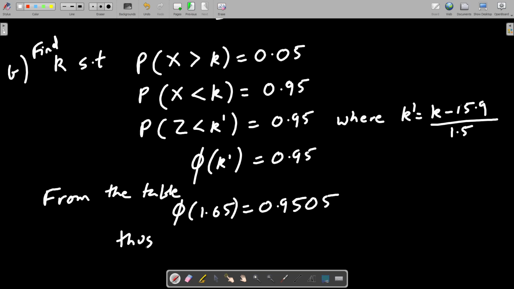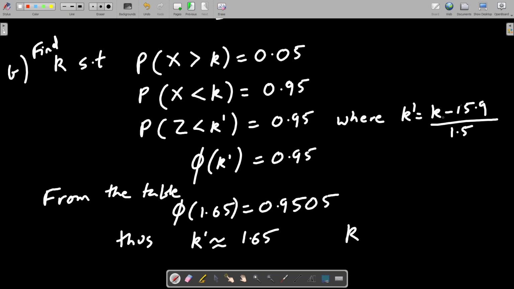Thus K dash is approximately equal to 1.65.